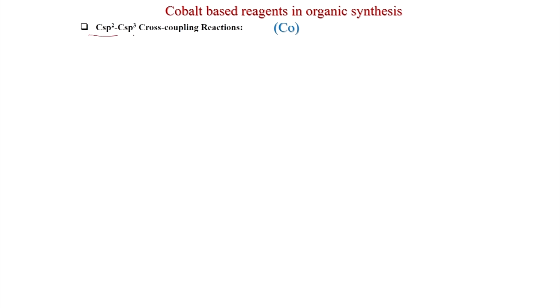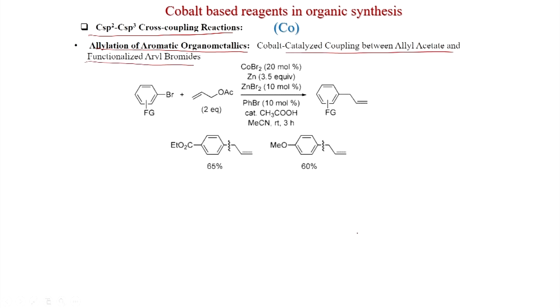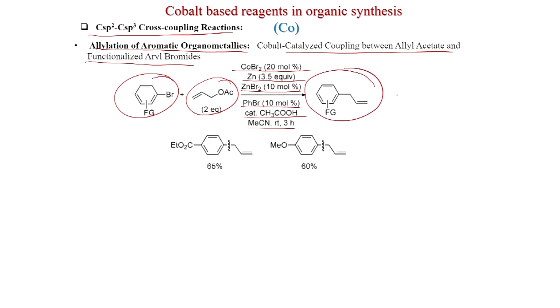So, Csp2 Csp3 cross coupling also is possible. Allylation of aromatic organometallics, cobalt catalyzed coupling between allyl acetate and functionalized aryl bromides. So, this is the aryl bromide, allyl acetate with cobalt bromide 20 mole percent, zinc 3.5 equivalent, zinc bromide 10 mole percent, PhBr 10 mole percent, catalytic acetic acid, acetonitrile, room temperature 3 hours, you get this allyl containing aryl group.